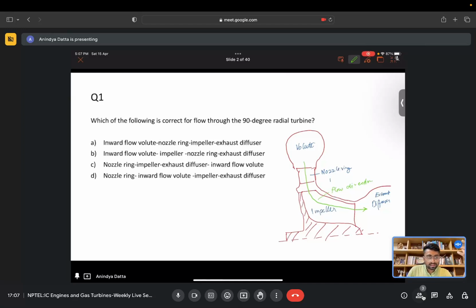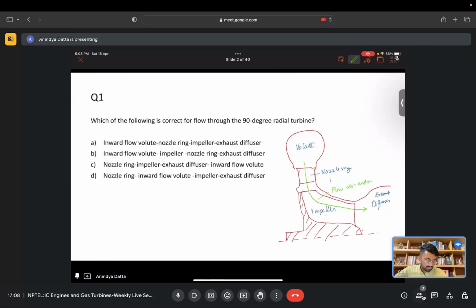The flow entering the impeller in general has a velocity with a very high tangential component, and then the impeller directs the flow, and the flow eventually comes out axially at the impeller outlet, and there is an exhaust diffuser, which acts to reduce the velocity to a very low value.